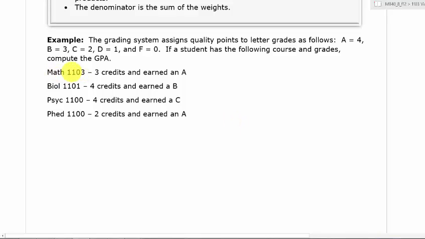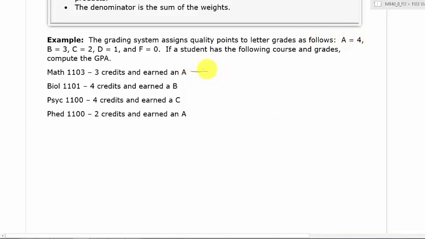So they're taking our course, statistics. They have a biology course, they have a psychology course, and then they had 2 credits of Phy-Ed. So first we need to multiply the number of credits by the letter grade that they got.